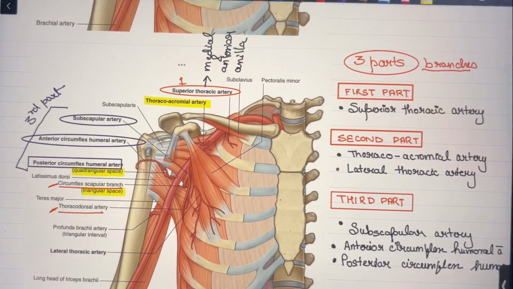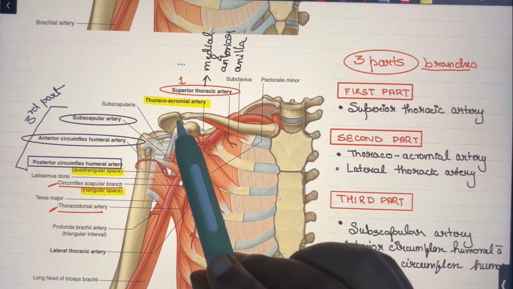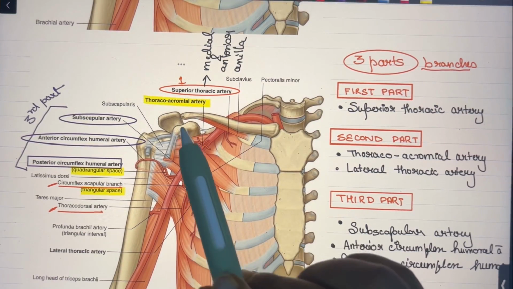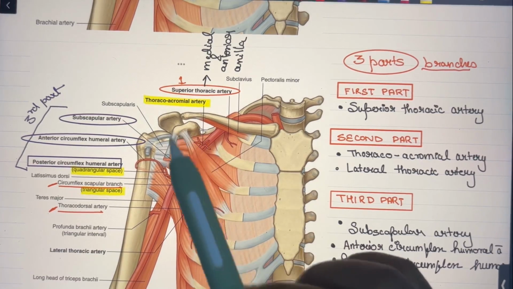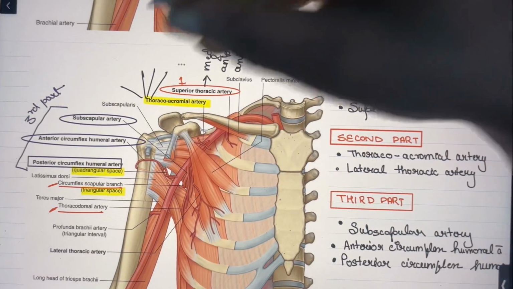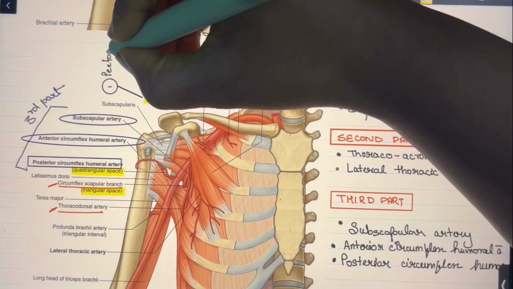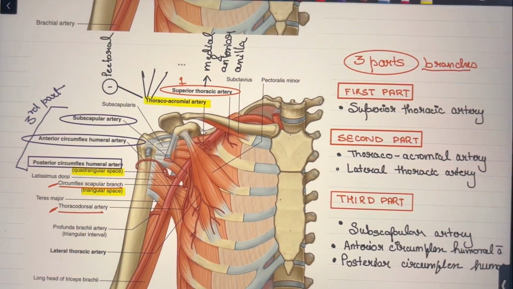Okay. Now, the thoracoacromial artery. The thoracoacromial artery pierces the clavipectoral fascia. After piercing the clavipectoral fascia, it gives four branches. Number one is the pectoral branch, which, apart from the axilla, also supplies the breast.